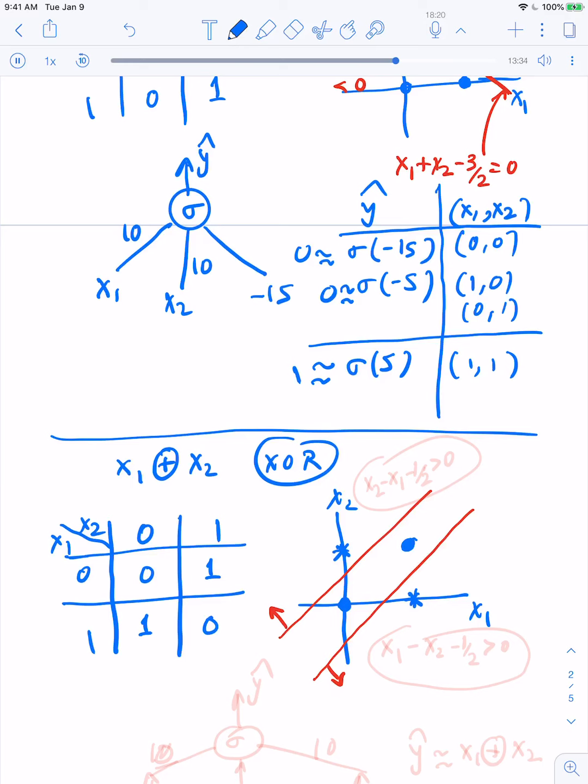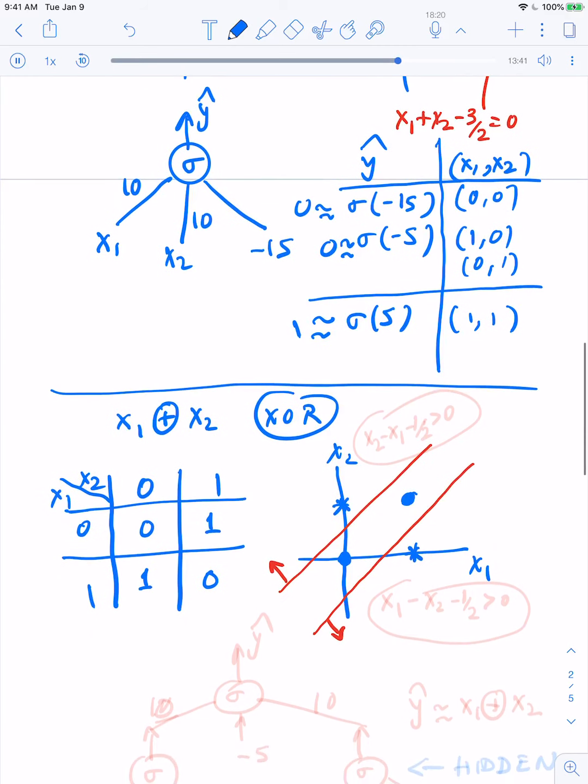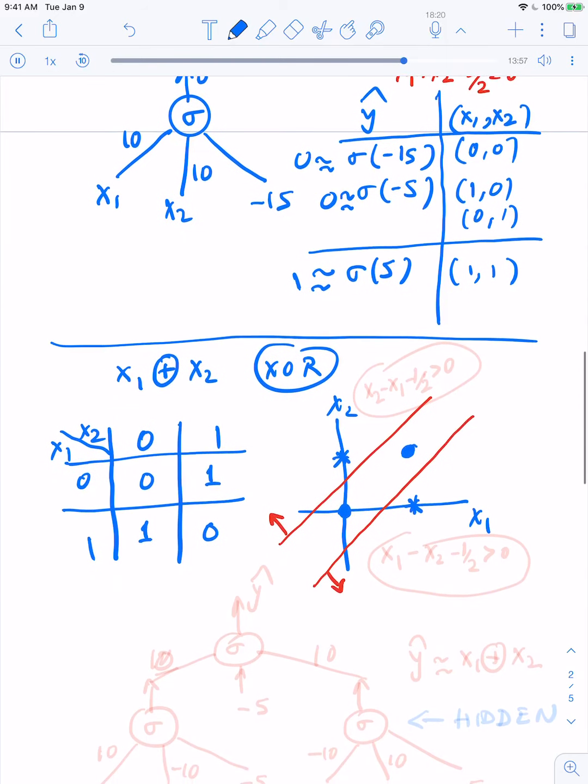So basically, I need a couple of neurons for implementing these lines, and then one more neuron to say that if I'm either above the first line or below the second line, I'll get a 1. So let me write down the equation for these regions.